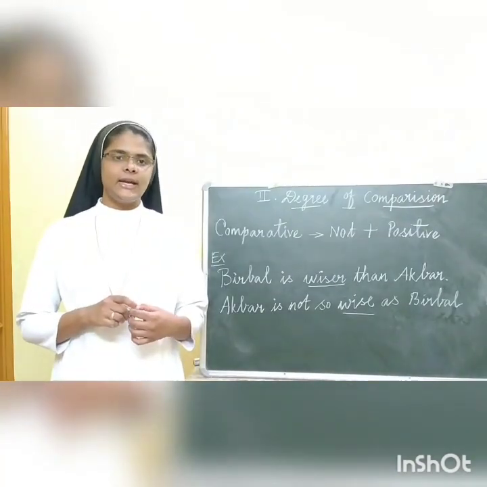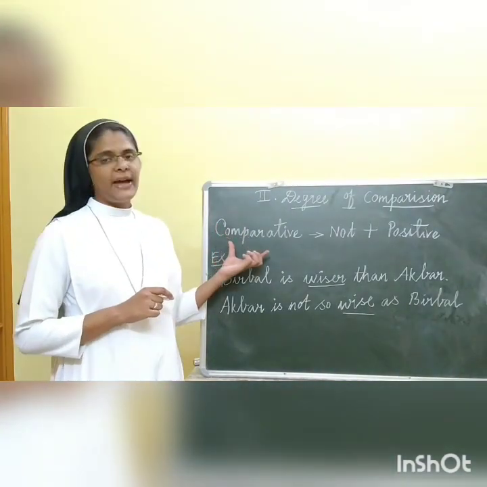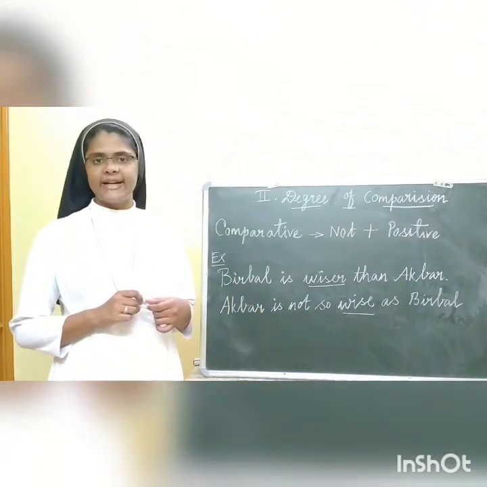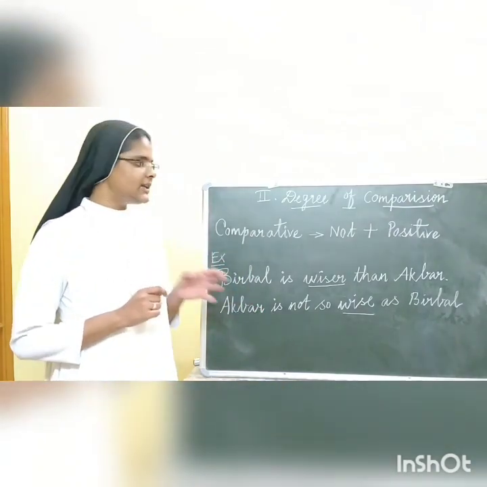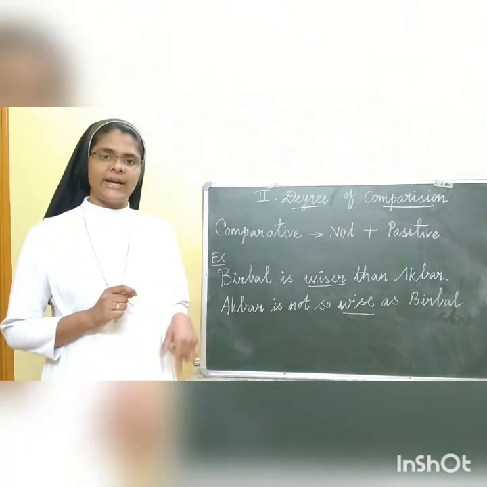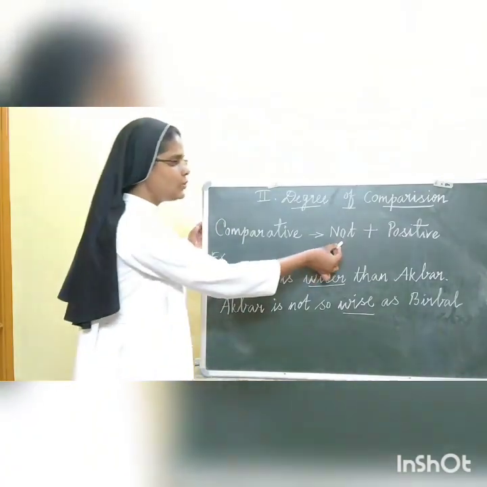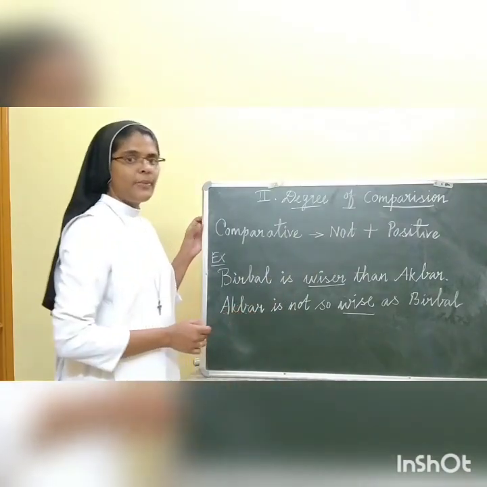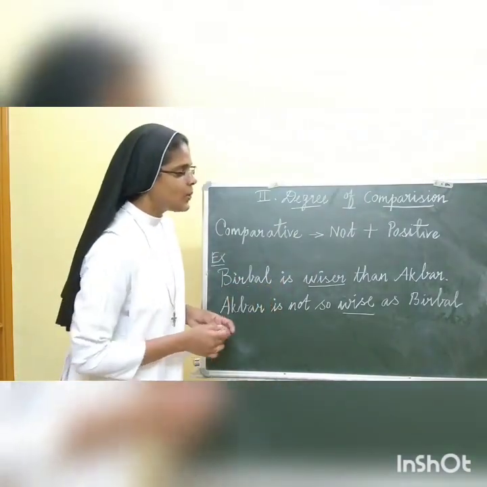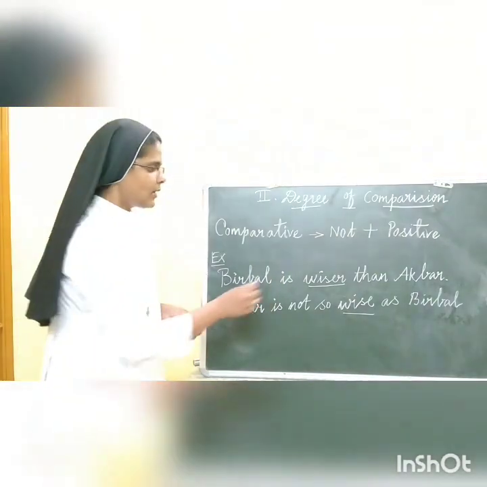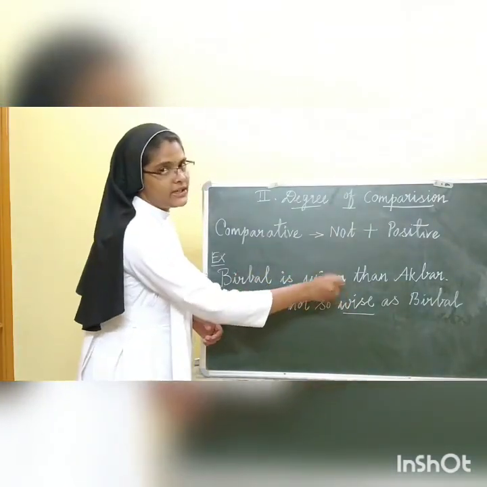Now let us see how to change a comparative degree into a negative sentence. If the sentence is given in the comparative degree, we have to use not plus the positive degree. For example, Birbal is wiser than Akbar. Wiser is a comparative degree.